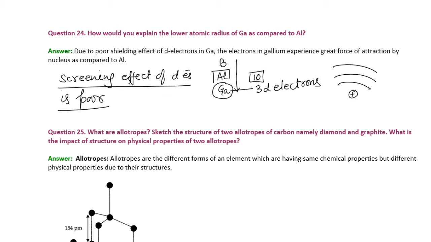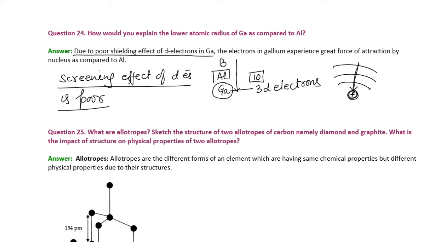Nuclear charge increases, but shielding is poor, so the outer electron is more attracted towards the nucleus. That's why size shrinks. It is written already that this is due to the poor shielding effect of d electrons in gallium.